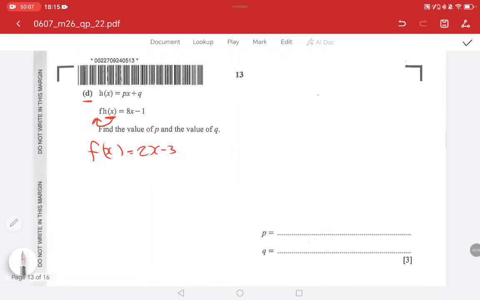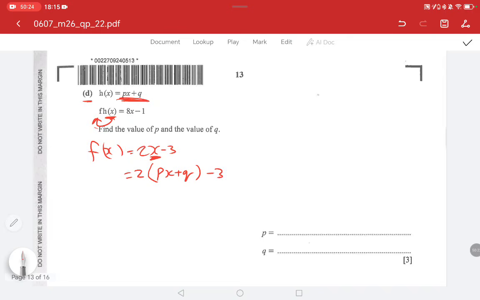So we need to take this h of x and put it inside f. So 2, and instead of x, I will put that h of x. Substitute px plus q, minus 3.